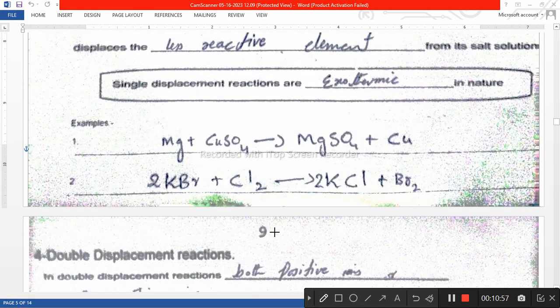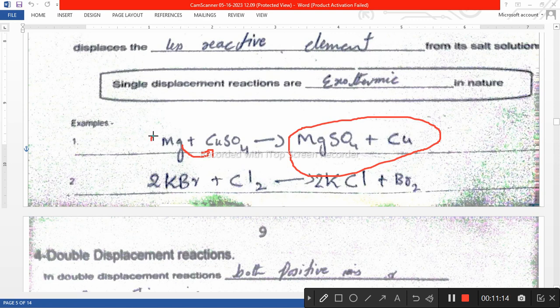Like Mg plus CuSO4 goes to magnesium sulfate and copper. Observe this. Magnesium displaces the copper.